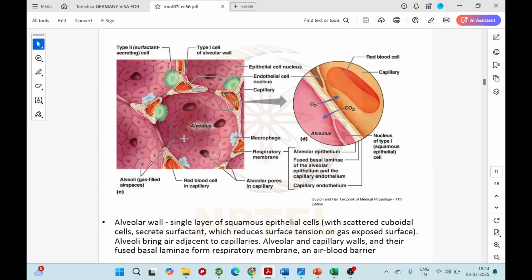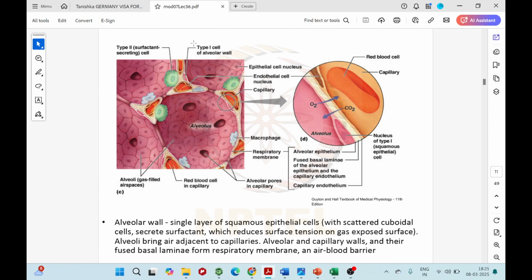Yeah, so this is a further clearer picture. These cells you can see are our alveolus. Here with the alveolus you can see the alveolar pores and the capillary. You have these red blood cells in the capillary, and this is the alveolus, which is a gas filled airspace.